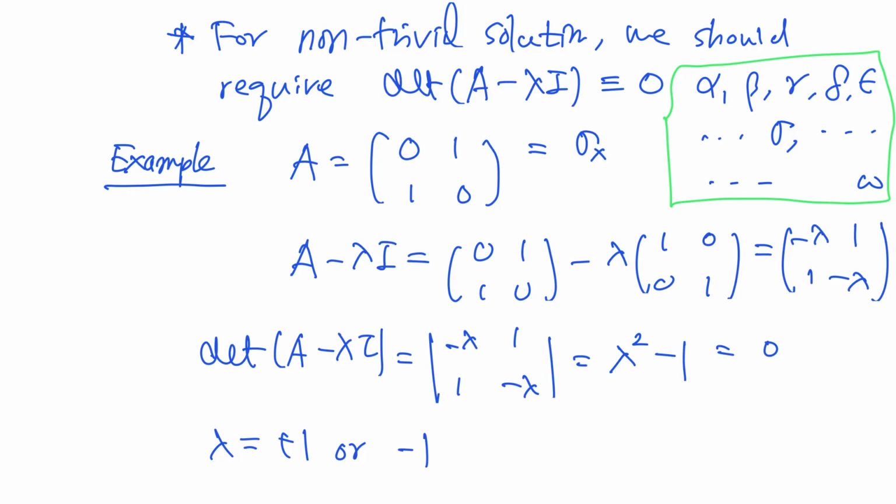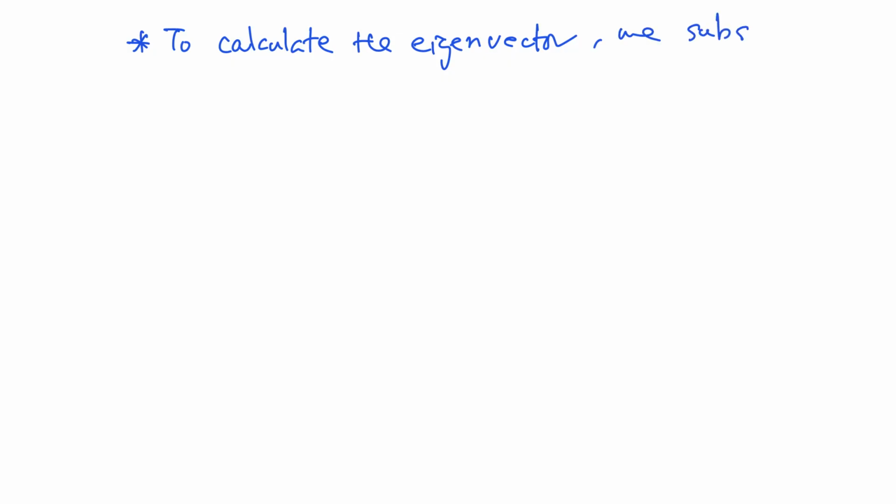So how do we calculate the eigenvector? We substitute the eigenvalue back into the original equation.